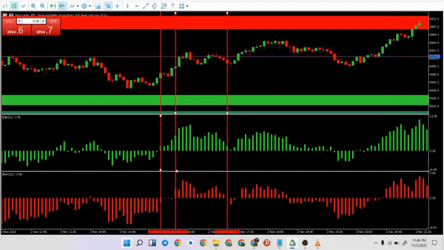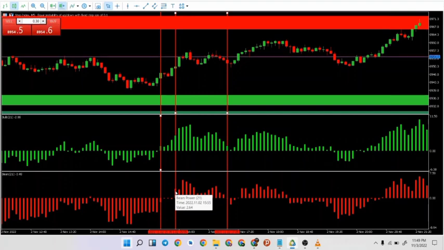So when you check the fourth one, you realize that the bear power moves up in the same direction as the bull power, but the reason we are entering a buy on this candle here is that the wick of the bull's power is higher or longer than the wick of the bear's power in the same direction.